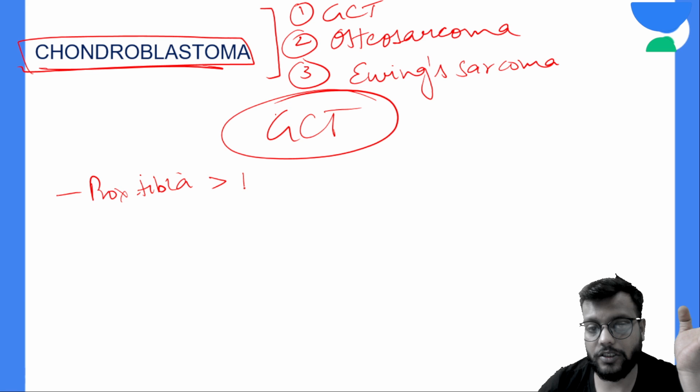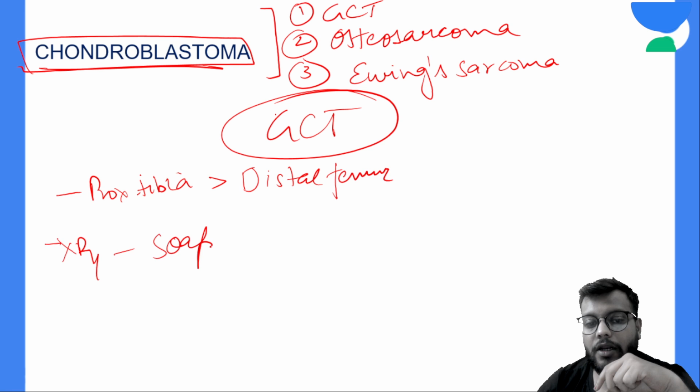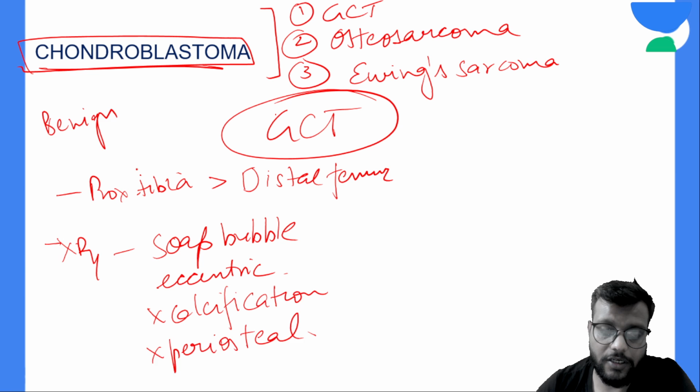Proximal tibia followed by distal femur, and also in the X-ray there will be soap bubble appearance, a characteristic lobulated appearance, eccentric in location, no calcification, no periosteal reaction, and very important, it is benign, but its characteristic feature is that it has high chances of recurrence. Okay, it has high chances of recurrence.